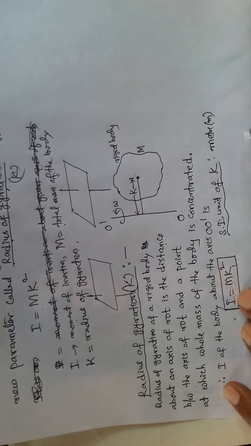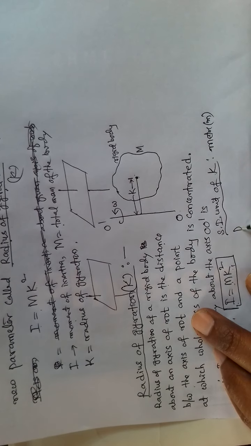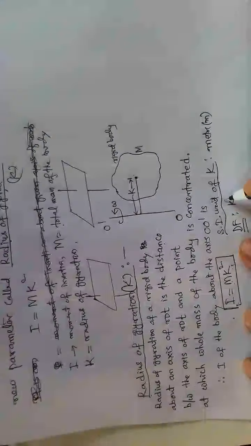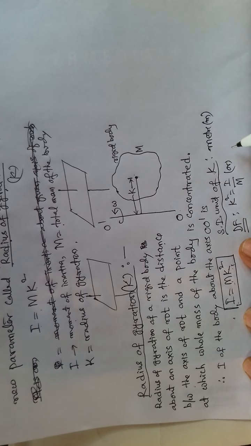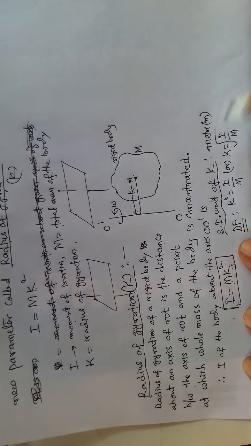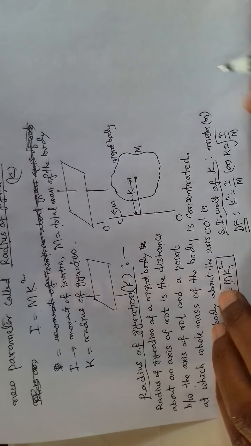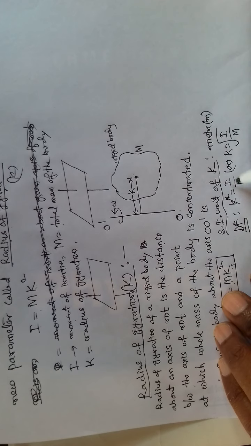Now, to get the dimensional formula, K square is equal to I by M, or K is equal to the square root of I by M. But we need not find all these things.